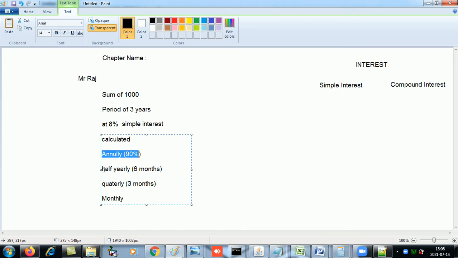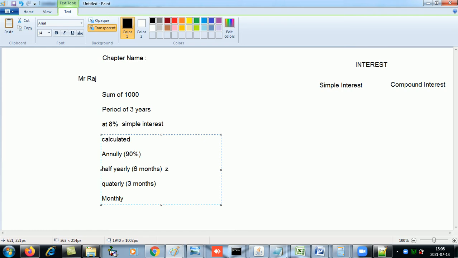Just for your understanding, if the interest is calculated half yearly, that is after 6 months, then in a year the interest will be added 2 times. Let's take this variable as z.